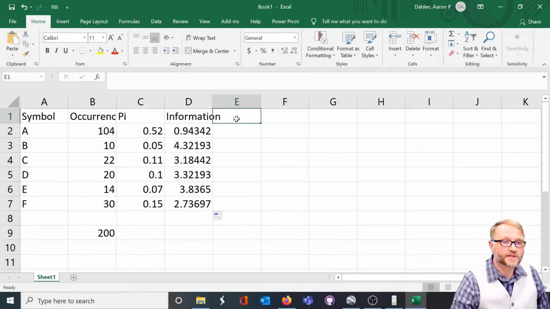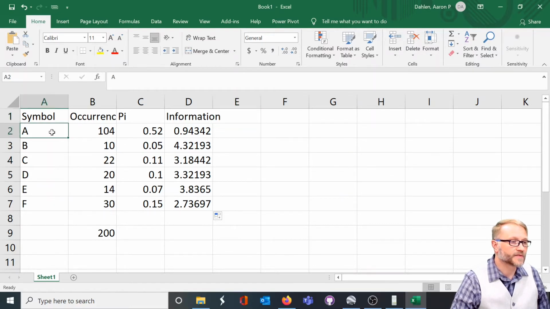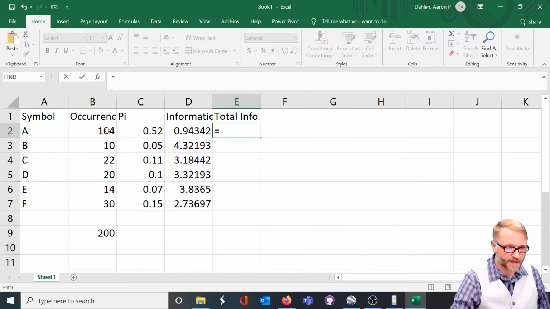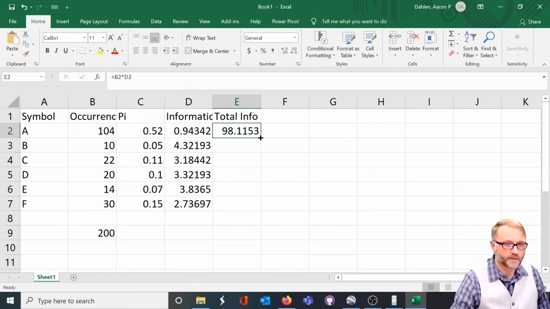From there, we determine the total information for each symbol. For example, for symbol A, there were 104 occurrences. Each occurrence contained 0.94 bits of information. So total info equals that cell by this. We drag that down.